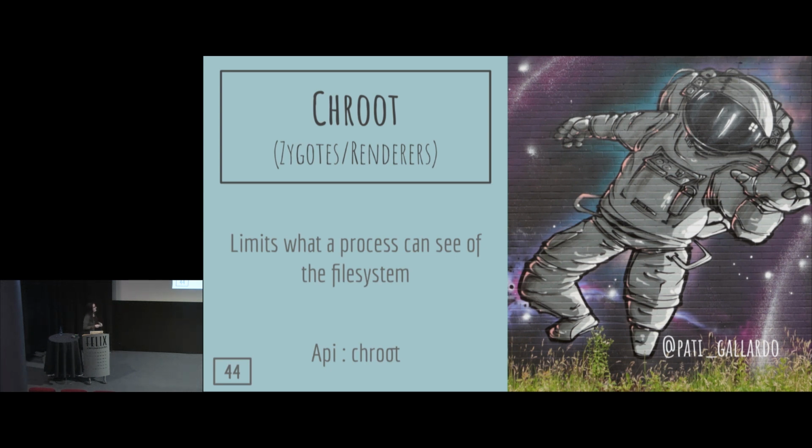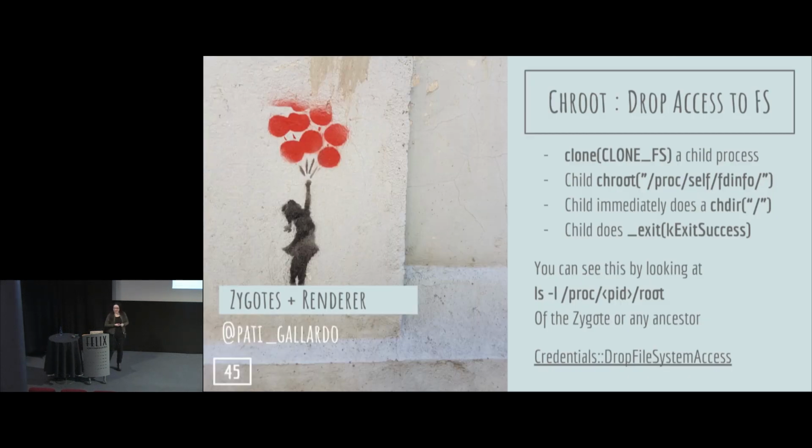Okay, so the way they use chroot is really neat, and they use clone again. So the idea here is that we want to drop all access to the file system. And we're going to do that by calling clone again, but with this flag called CLONE_FS. CLONE_FS is kind of interesting because it shares file system attributes with the child.